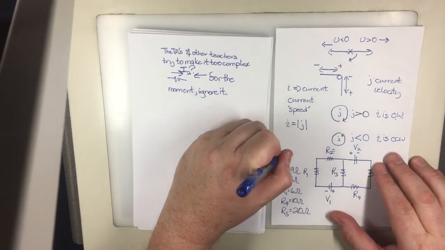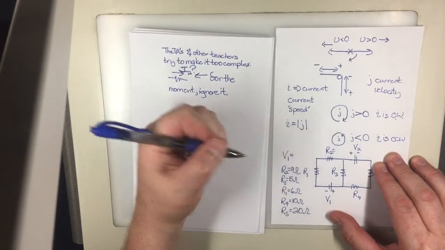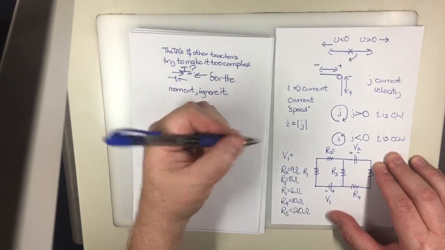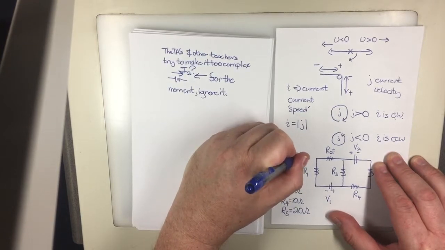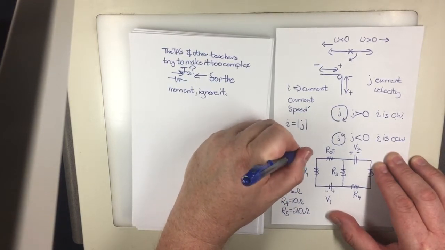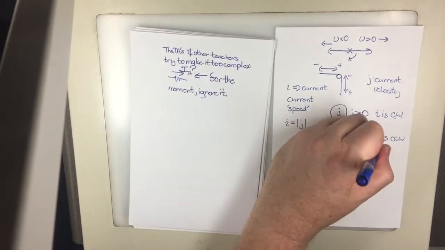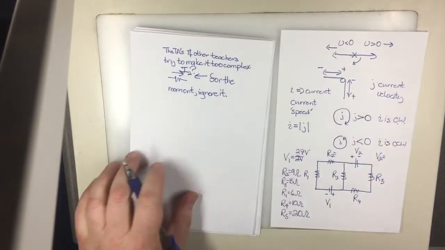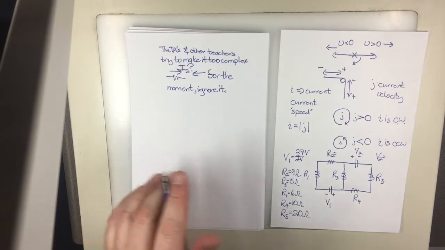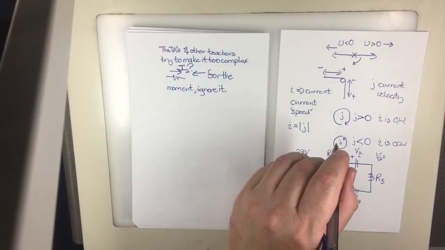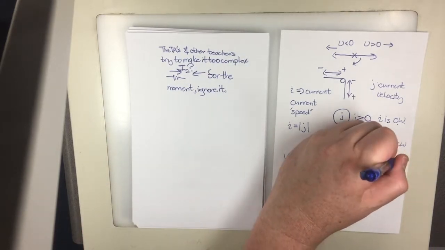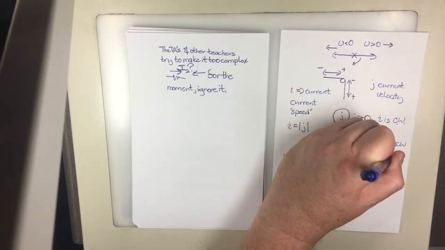V1 is 27 volts. V2 is, let's make it 40 volts.